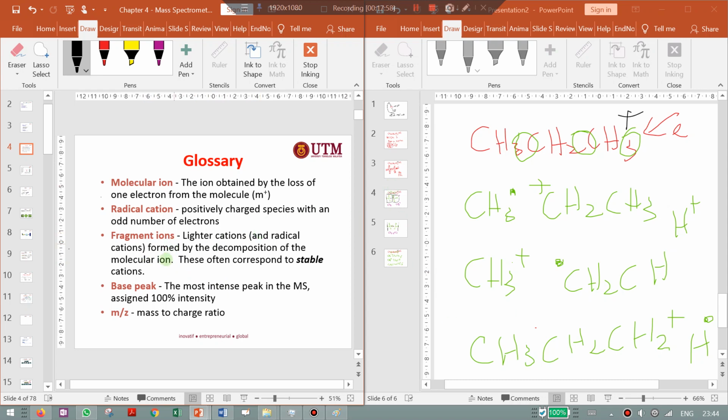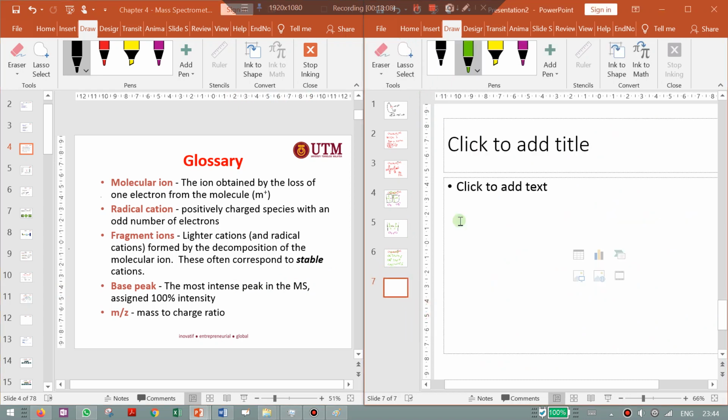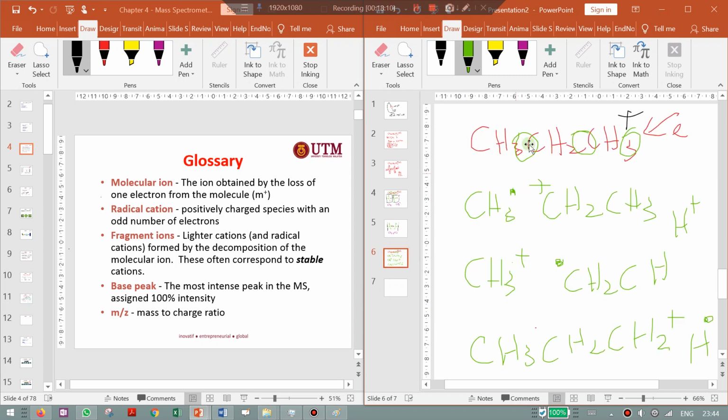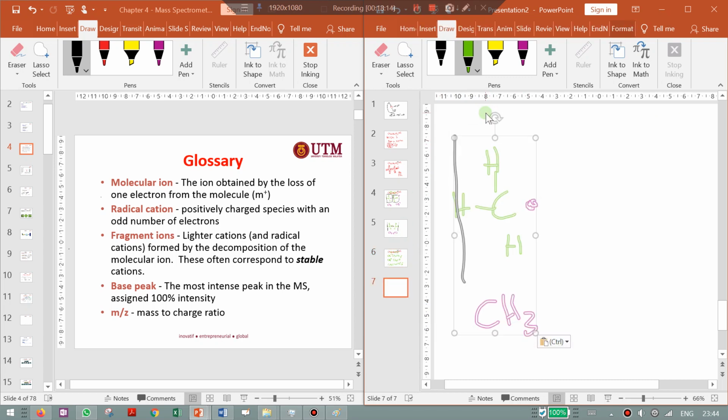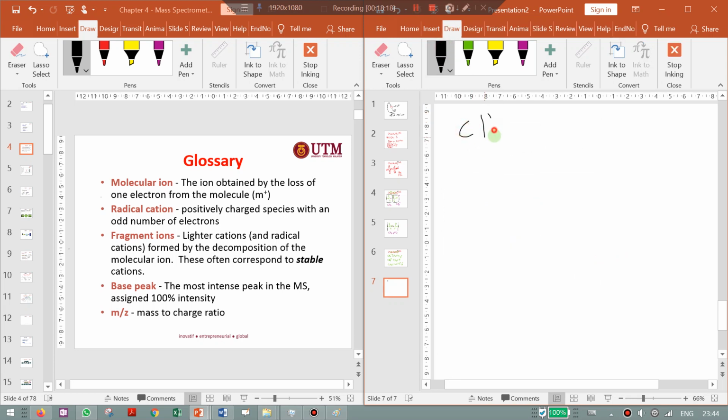Let's go to the next term. Base peak: the most intense peak in the MS. Referring to our example here, we have CH2, CH3, CH2, CH3. Here we agree that we have 28.